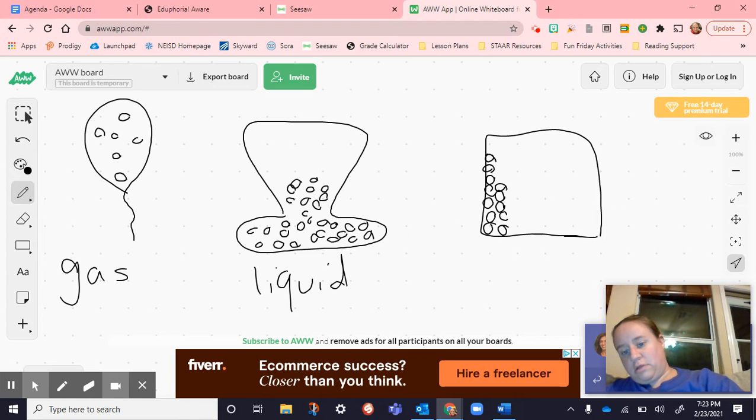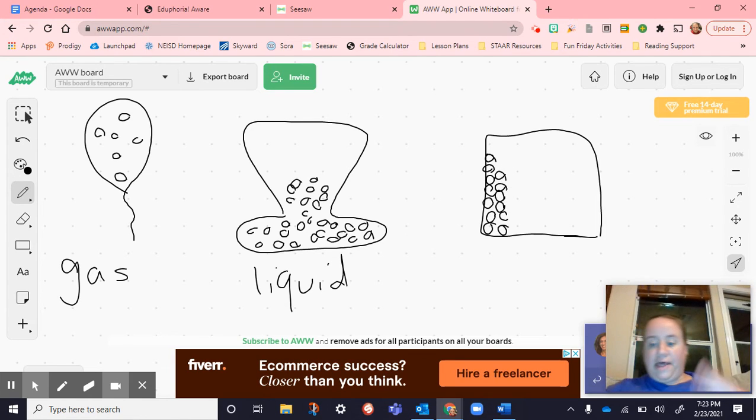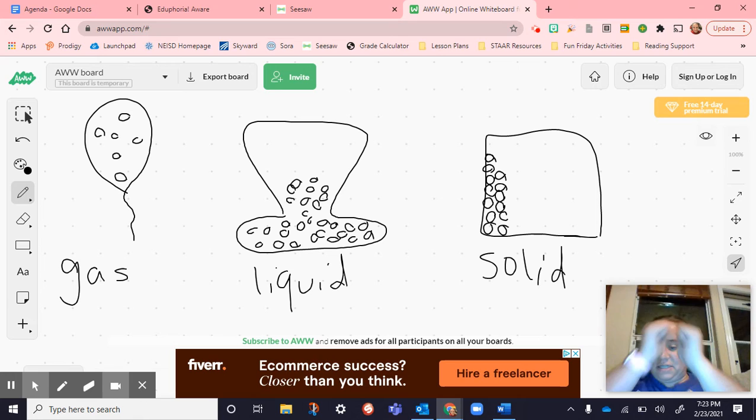I can't draw it super well, but they're all lined up. They're very rigid, and they are all packed in there very, very tightly. So when they move, they just kind of vibrate a little bit. There's nowhere to go. And that's what gives solid that definite shape.